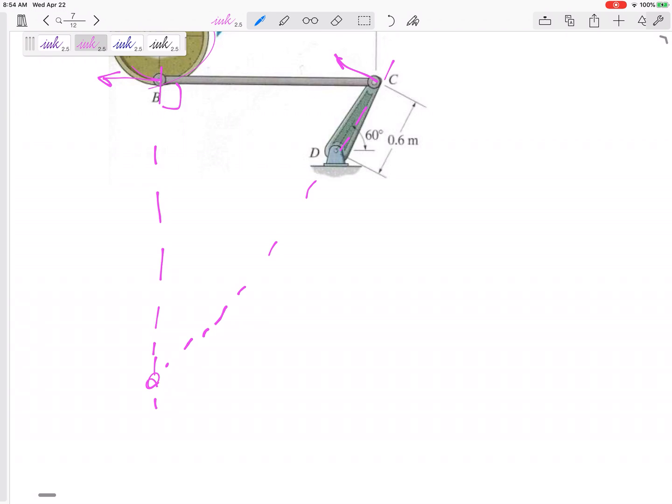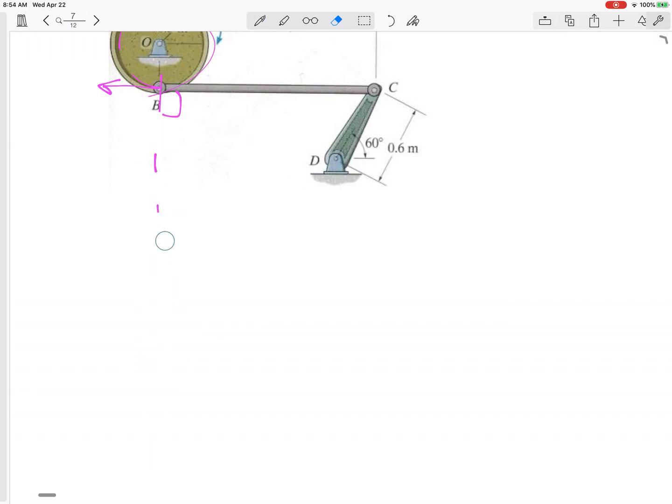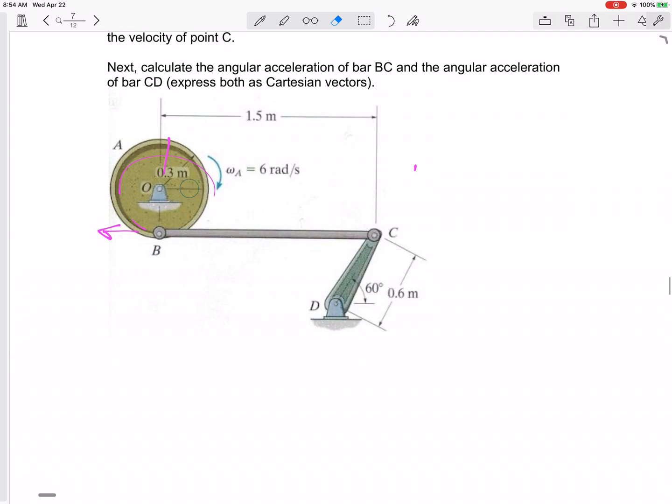It's a right triangle. If that's 60 degrees, this is 60 degrees, 30 degrees. This length right here, that wouldn't be too bad. But I'm going to follow the way I did this previous semester. I'm going to use the relative velocity method.